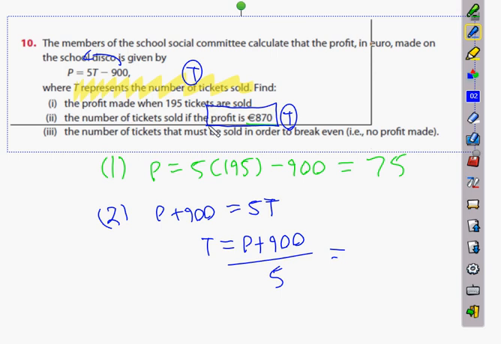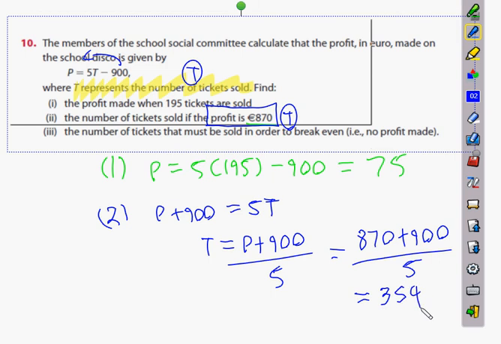Profit is 870. 870 plus 900 divided by 5. Who knows the answer to that one? 354. You need to sell 354 tickets.